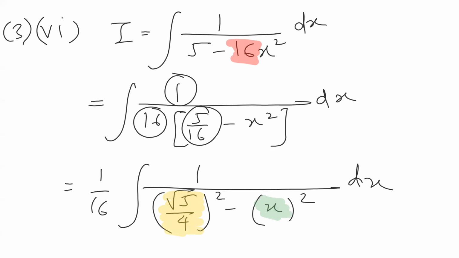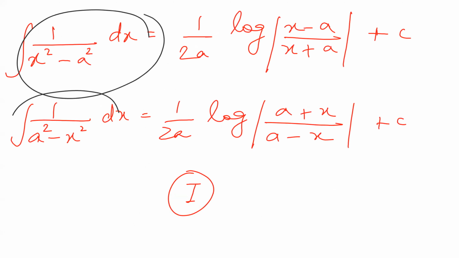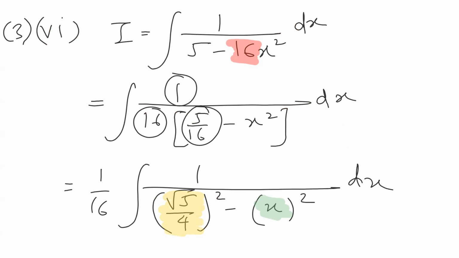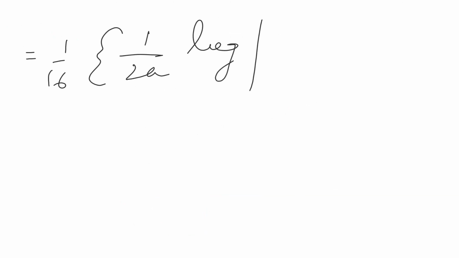So 1 upon a square minus x square, which is the second formula. 1 upon a square minus x square. So 1 upon 16 will remain as it is. Always write down the formula once again. 1 upon 2a log mod a plus x upon a minus x.